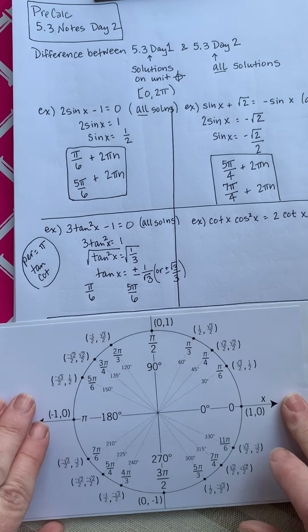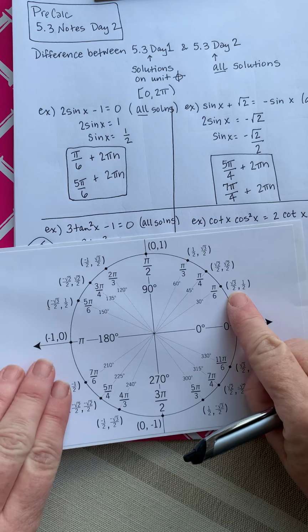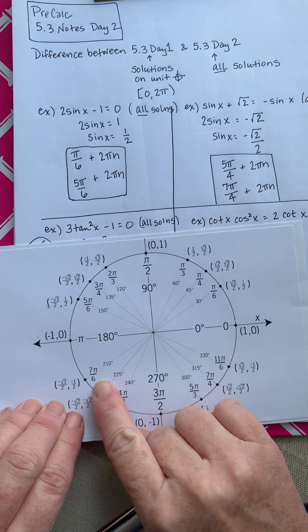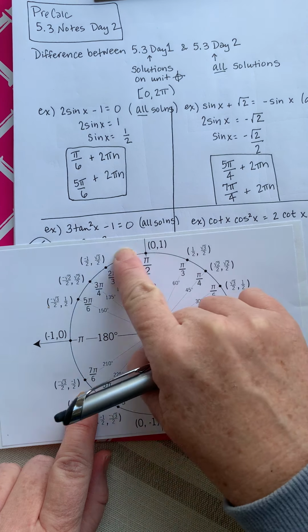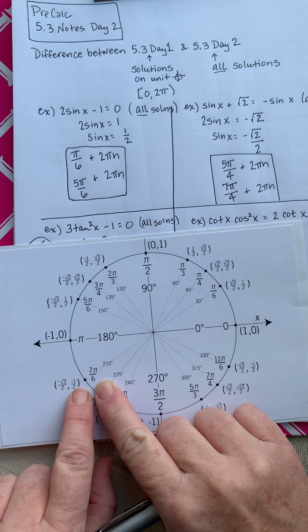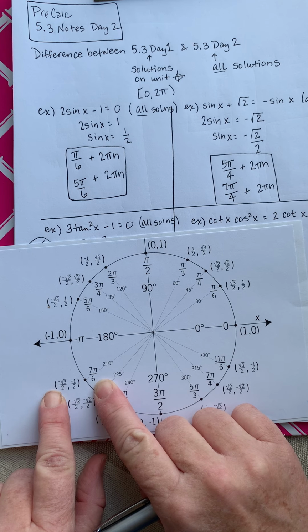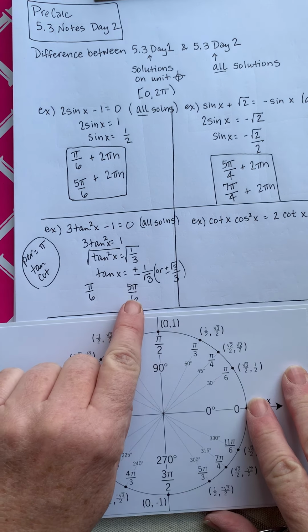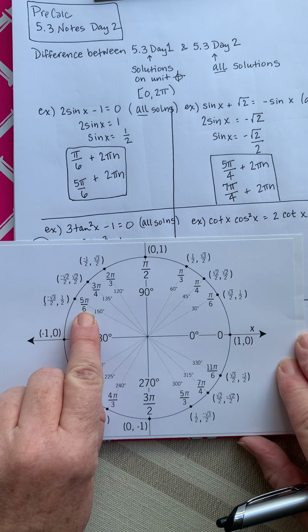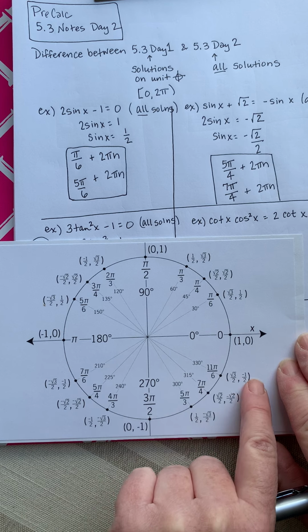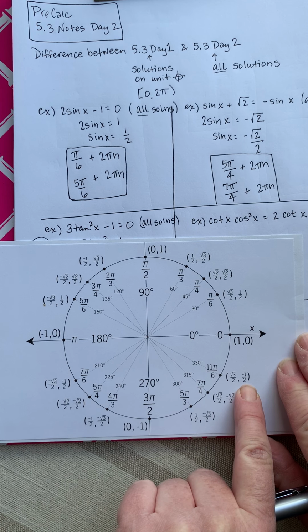So that means when I get pi over 6, if I go straight across the circle to 7 pi over 6, that means I'm adding pi. This is also going to have the same tangent. And if I take the answer 5 pi over 6 and I go straight across the circle to 11 pi over 6, this is still going to have a tangent of negative 1 over the square root of 3.